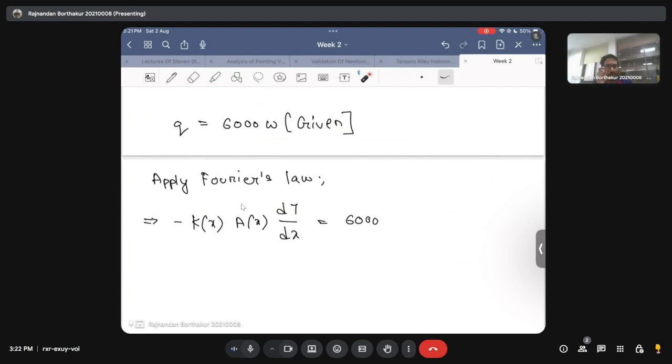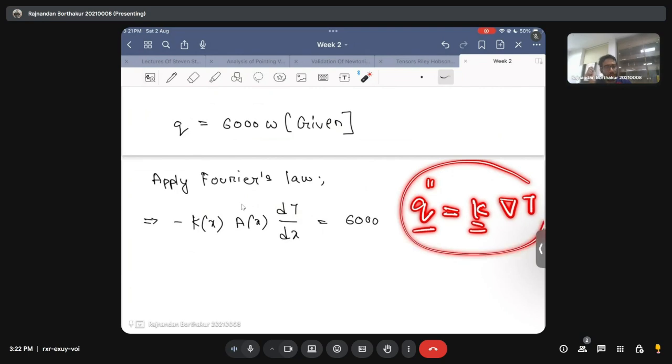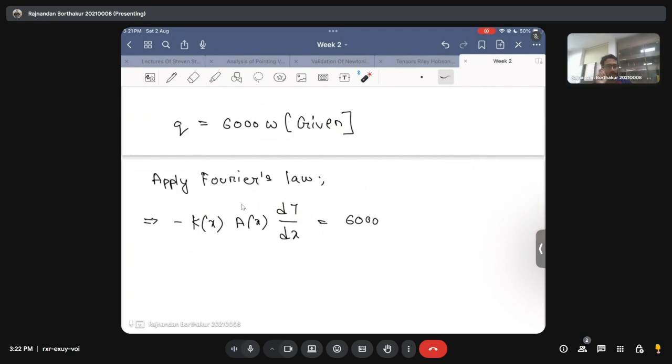And this is very essential, because if you remember, the most generalized form of Fourier's law says that your heat flux vector is equal to the thermal conductivity tensor times the gradient of temperature. This was the most generalized form of Fourier's law.